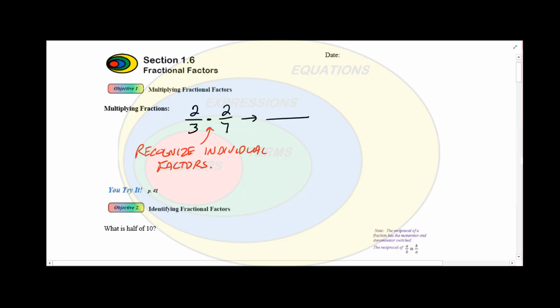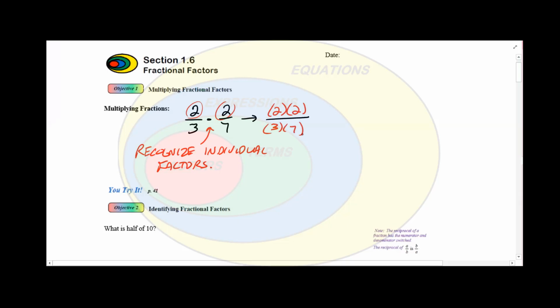When I multiply fractions, you multiply straight across the top. So you take 2 times 2. Well, what that creates is 2 factors of 2 in the numerator. In the denominator, you multiply across that. This would be 3 and 7.